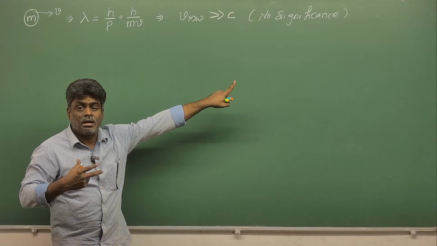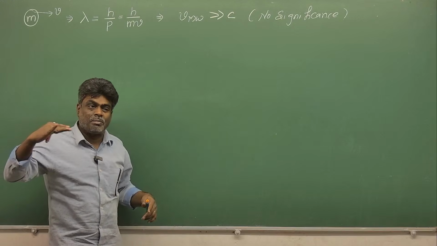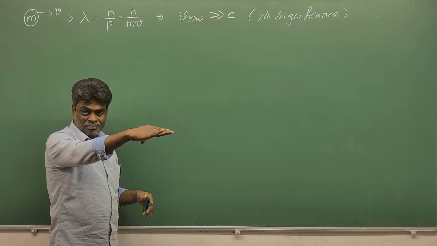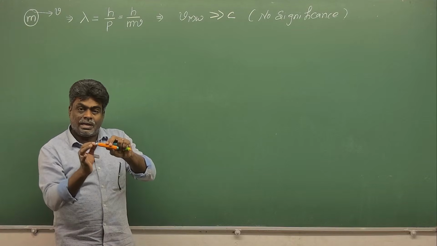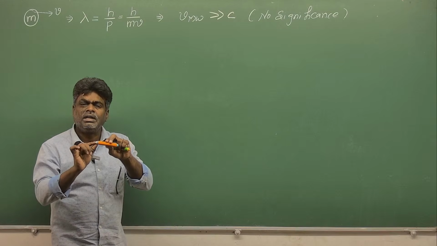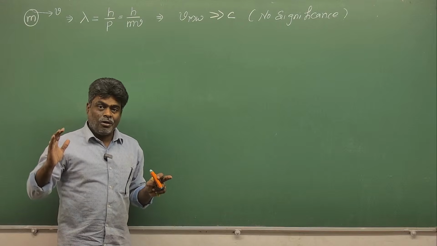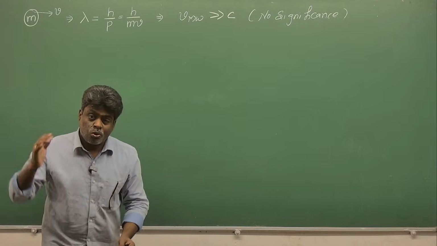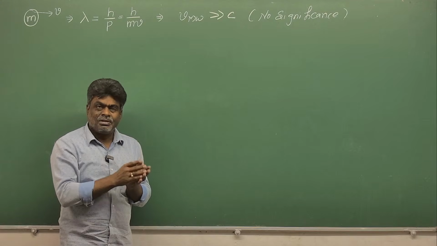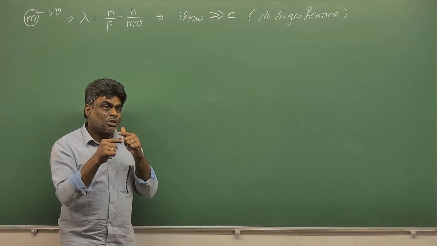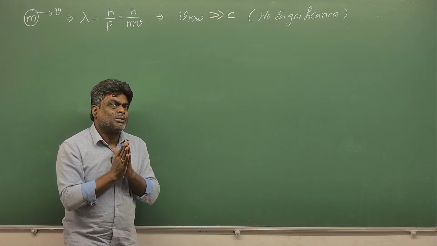Now, how do you represent a wave function in quantum mechanics? It contains an infinite number of matter waves, and then all those matter waves superimpose each other, a superposition of all matter waves.